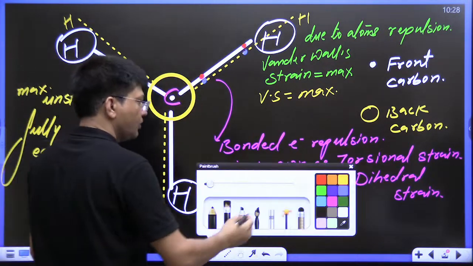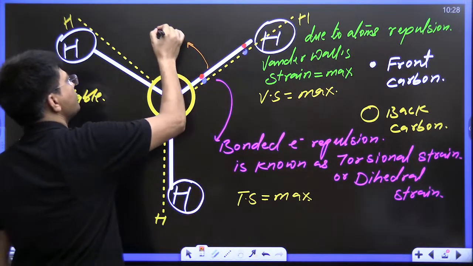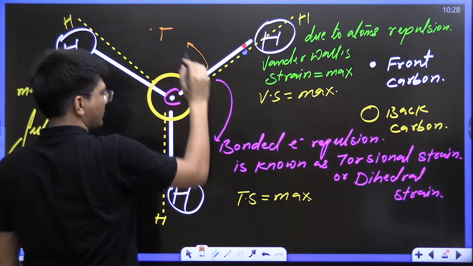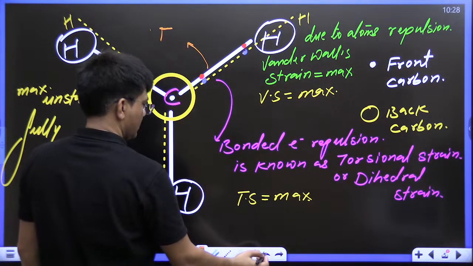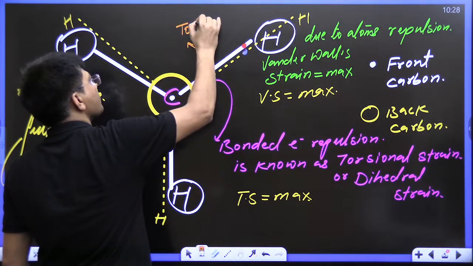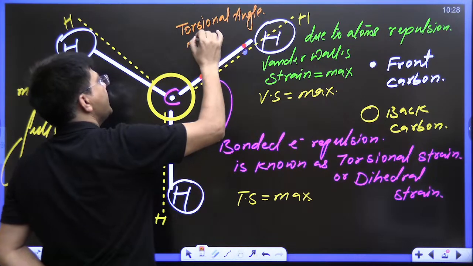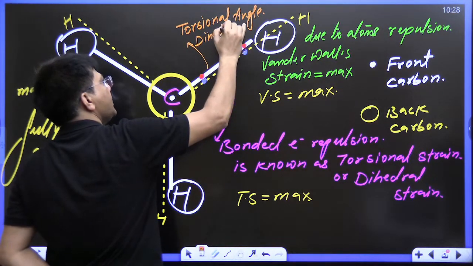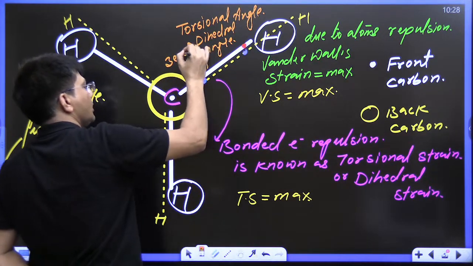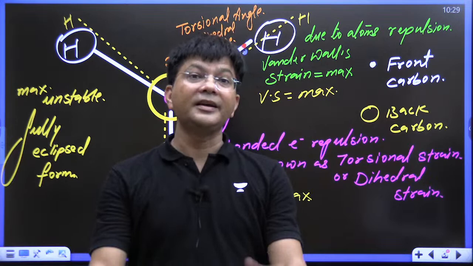This angle in between bonded electrons is known as torsional angle, or dihedral angle, that is 0. So always remember that ethane's fully eclipsed form is highly unstable.